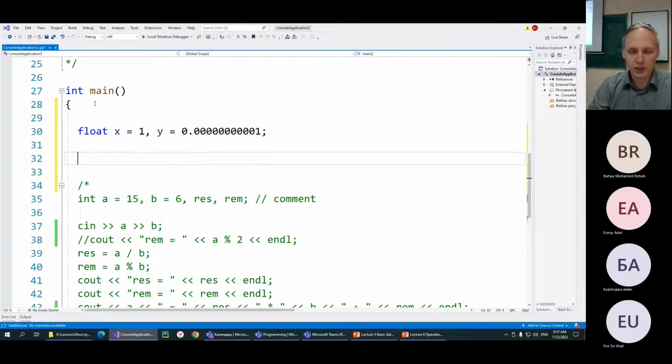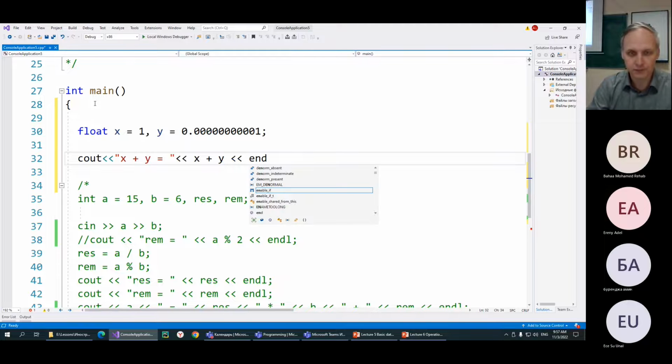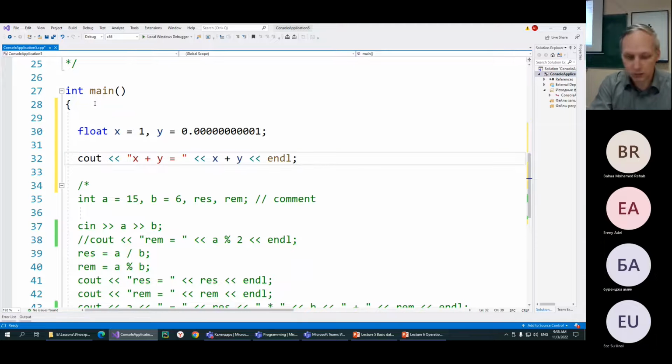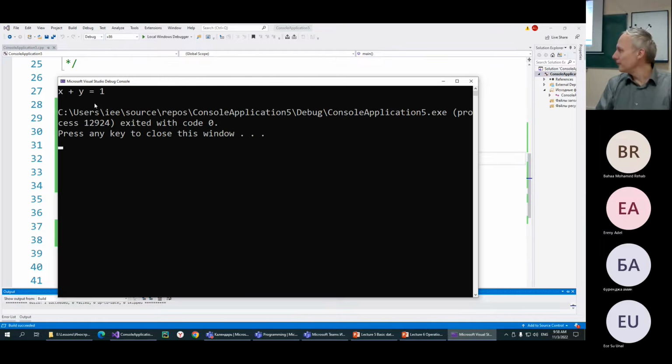After that, let me output to the screen the result of this operation, x plus y equals x plus y, and end of line. We will see 1, because in the type float we can represent only 7 digits after the decimal point. All other digits will be lost.